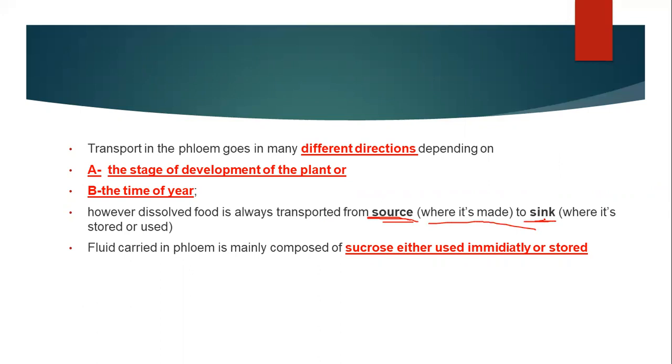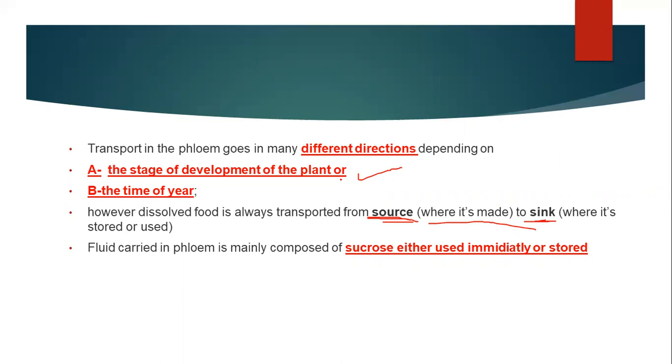In order to understand how to define the direction of flow in the phloem, it depends on the stage of development of the plant. It means that at some stages of plant development, the plant has no leaves and only has a stem. In some parts of the year, like spring, the plant has leaves, and these leaves are actively doing photosynthesis.